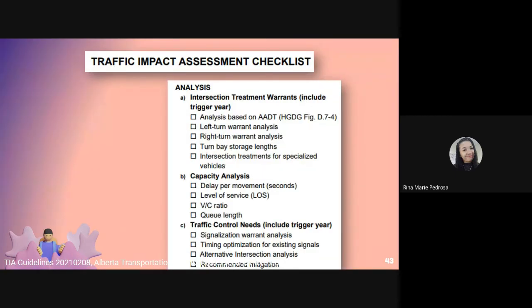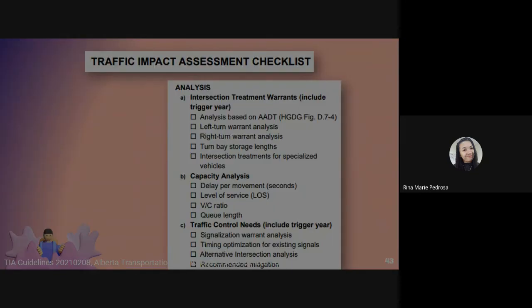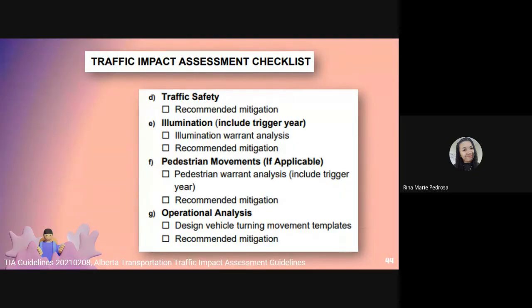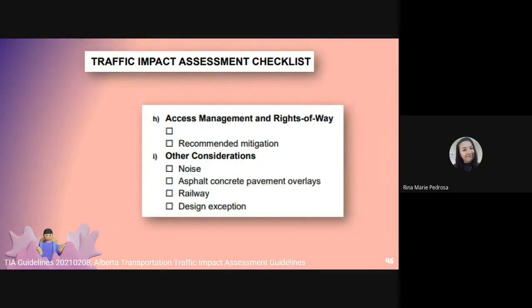Then on the checklist, never forget the analysis, under which we have the intersection treatment warrants, including trigger year, capacity analysis, traffic control needs, traffic safety, illumination, pedestrian movements, operational analysis, access management and rights of way, and other considerations.